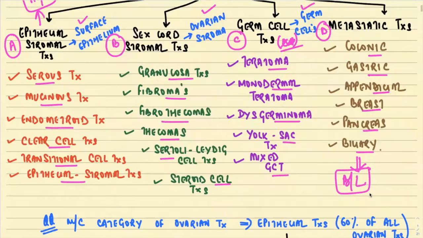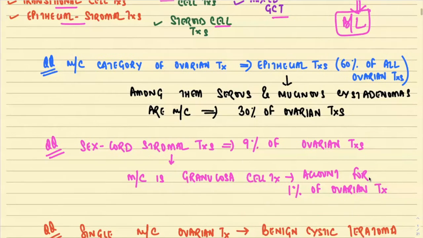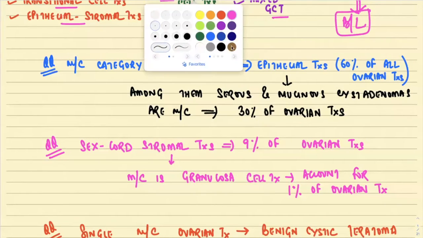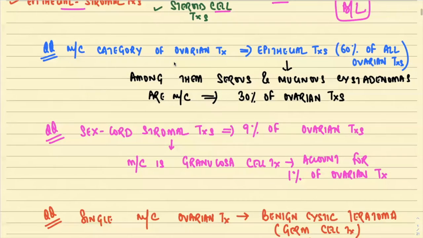Some more important MCQs that I am going to discuss: the most common category of the ovarian tumor, which I have discussed, is the epithelial tumors of the ovary, comprising approximately 60% of all the ovarian tumors. Among these epithelial tumors, the serous and the mucinous cystadenomas are the most common.